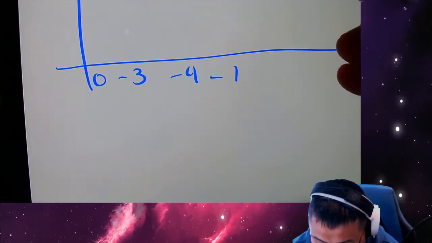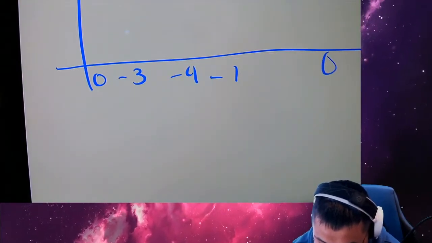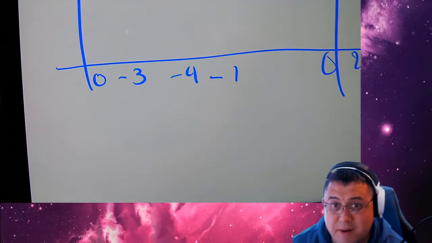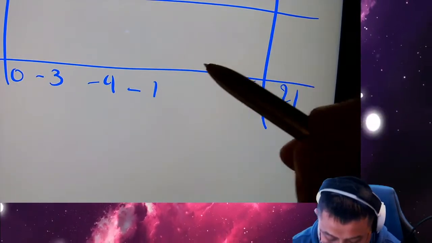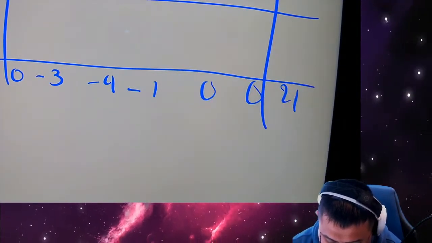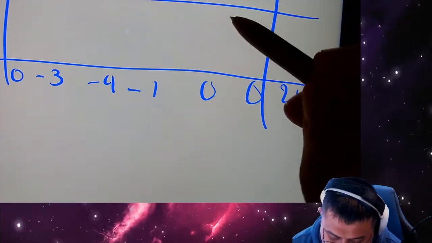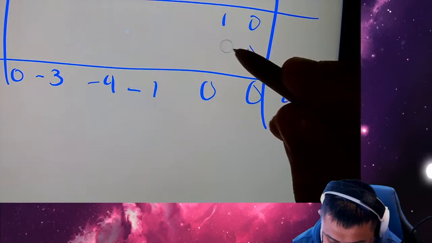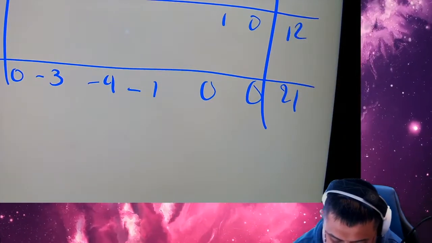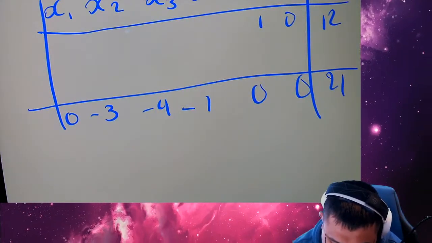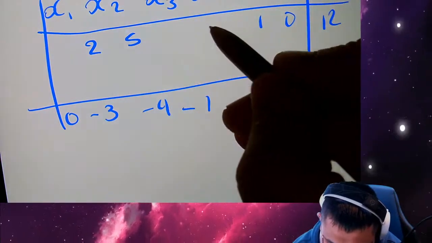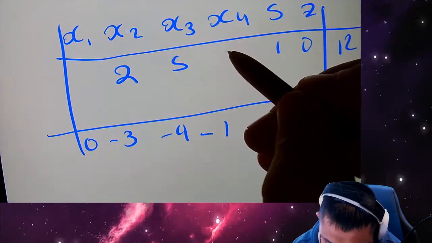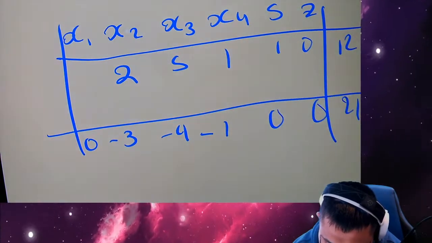So you don't actually use z, you just say z0 and have that as 21. Okay, well I did something wrong with the last one, but I'm not going to change it. Okay, and then this, it's actually just one line. So let's see, we get 2, 5, and x4 is 1.